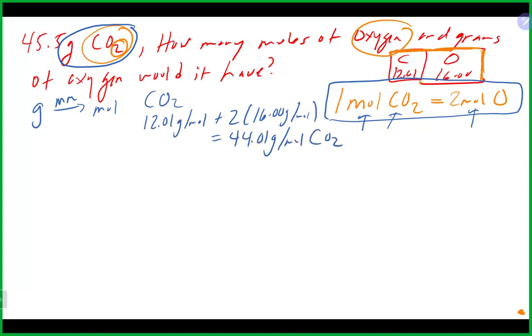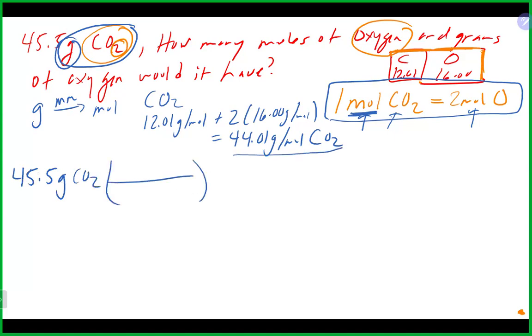And we need that really as a conversion factor to turn our grams of CO2 into moles of CO2. So we can use this conversion factor to get it to just oxygen by itself. So that's the part where we do need the carbon definitely involved to do this part of the conversion. So let's start with that 45.5 grams of CO2. Again, we're going to use this as a conversion factor.